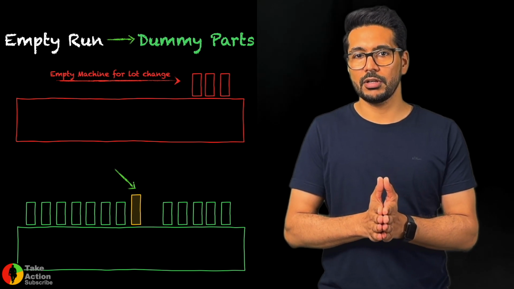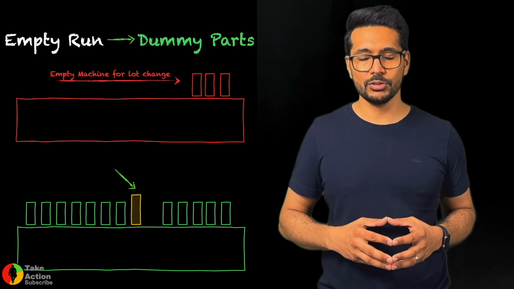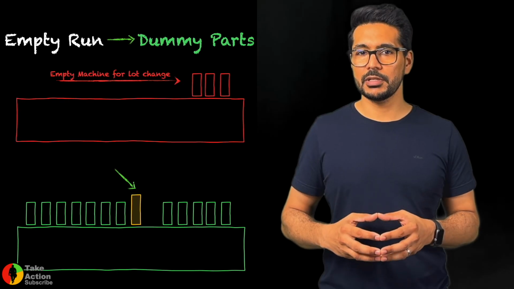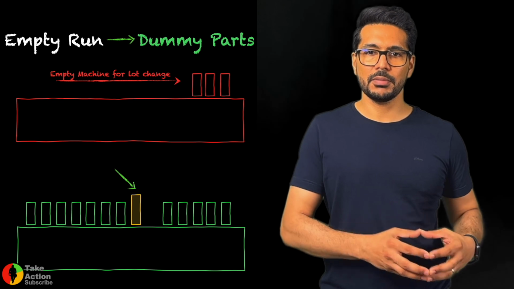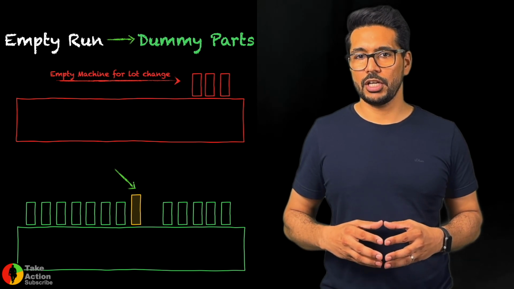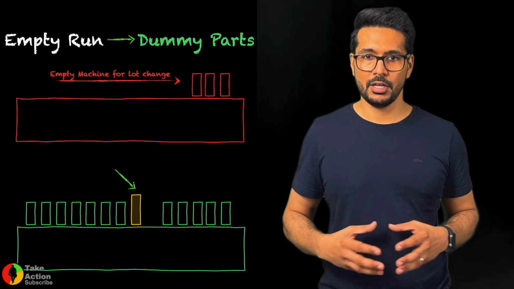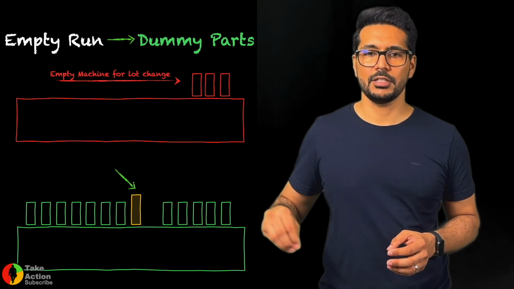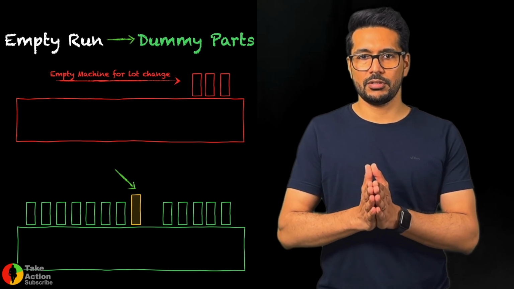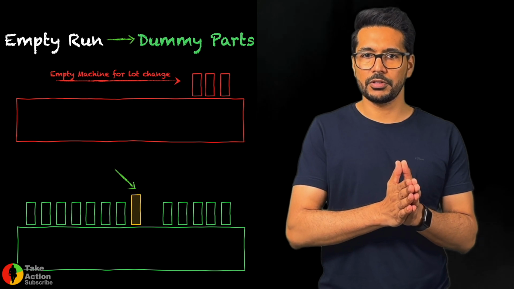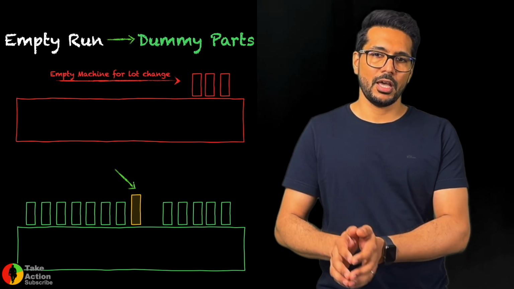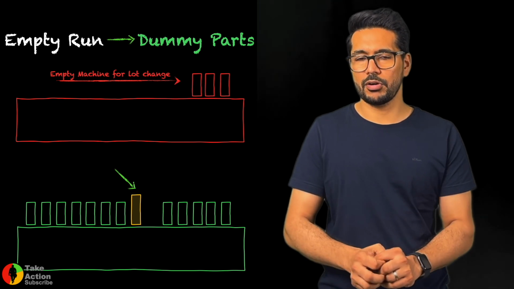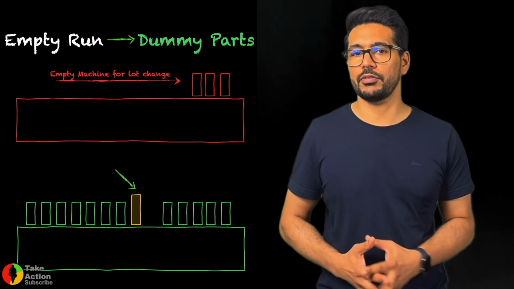In case we cannot rely on the operator, we can also think of using a limit switch or any sensor which can sense that my dummy parts are different in shape or different in color, and as soon as these parts reach the end, the sensor or the limit switch will be triggered, and the machine will be stopped, and the operator goes and separates the job orders, and after that runs the machine, and we save a lot of time with that.